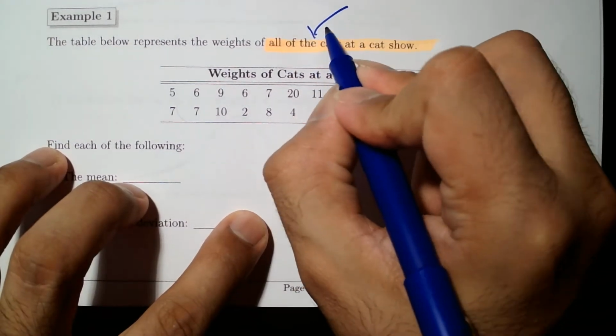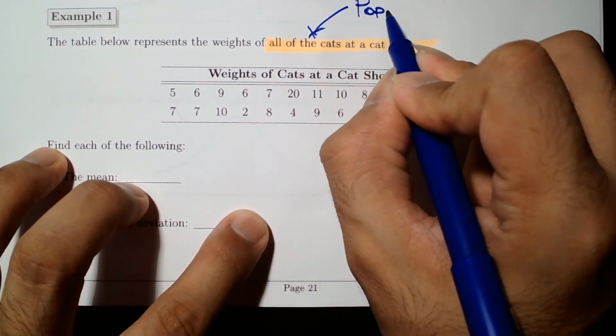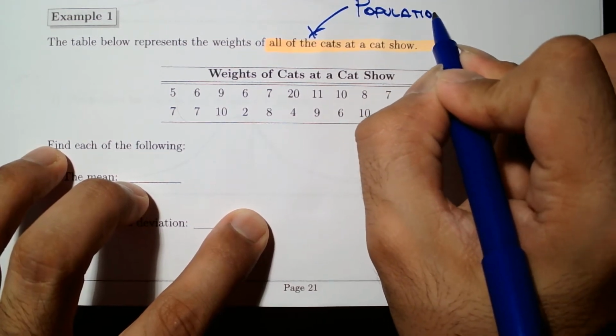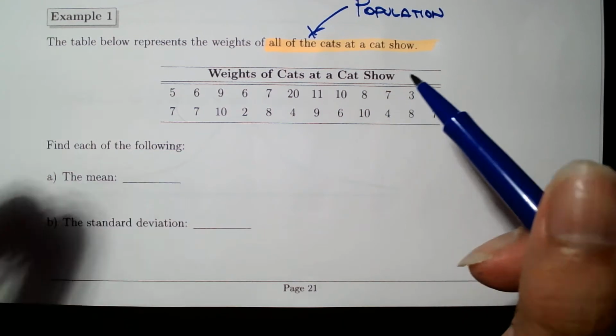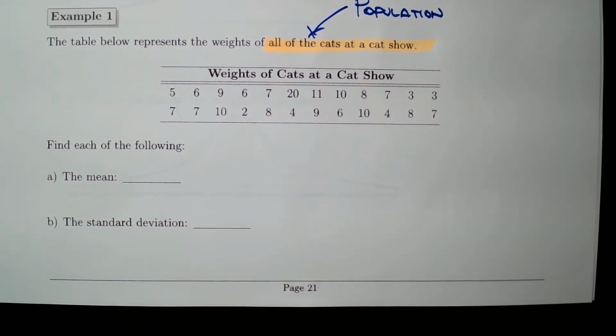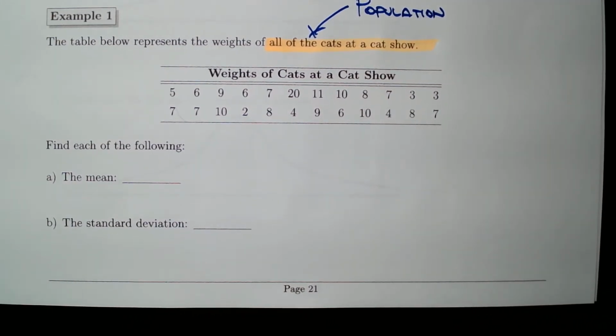This is a population. If they told us, well, this represents the weights of 24 cats at some cat show, that would be understood that we would be talking about a sample.